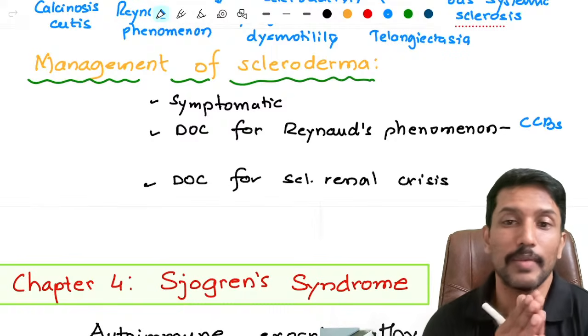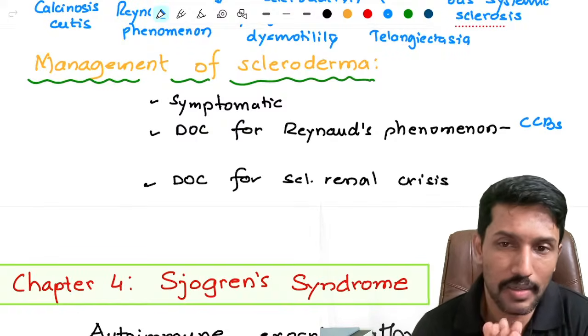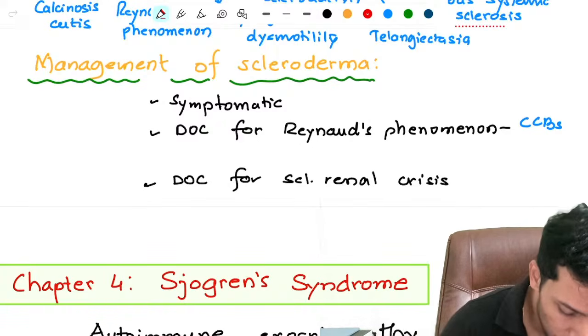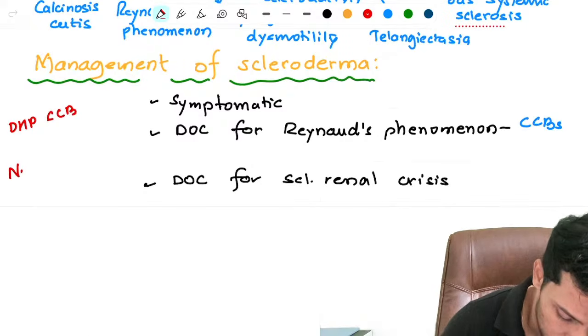And you know that there are two types of calcium channel blockers. What are those? Dihydropyridine and non-dihydropyridine. Can you give me an example for a dihydropyridine calcium channel blocker and an example for a non-dihydropyridine calcium channel blocker?